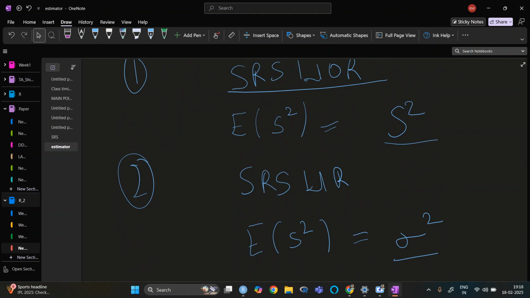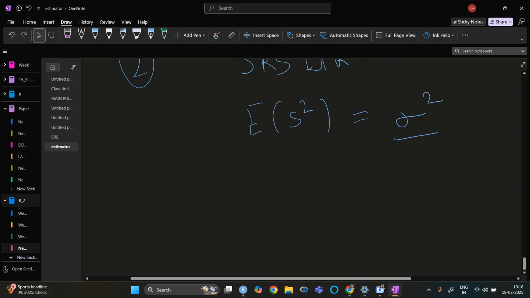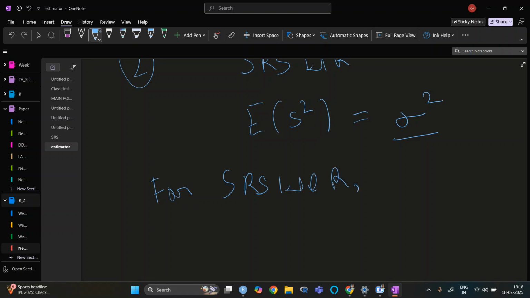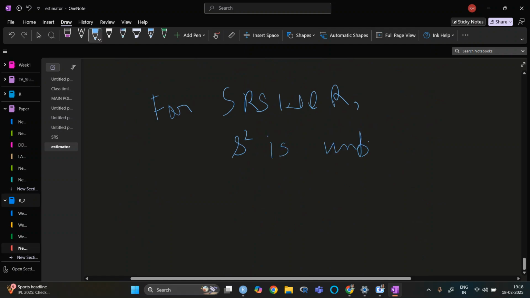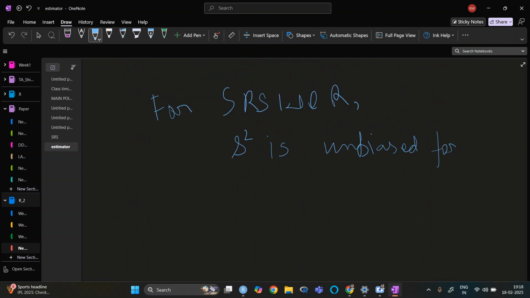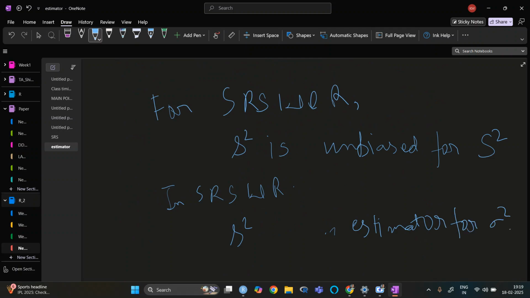So for SRSWOR, small s square is unbiased for capital S square, and in SRSWR, small s square is an unbiased estimator for sigma square. So these two are basically unbiased estimators.